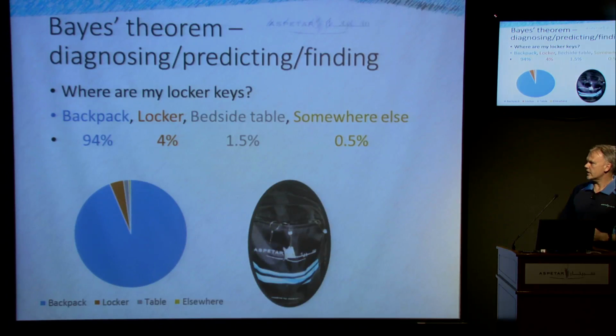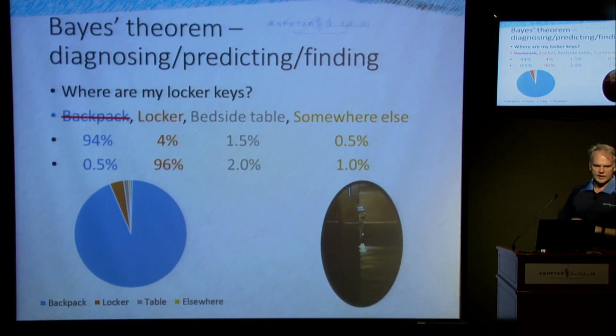If, however, I was to go and have a look in my backpack and the keys aren't there, all of the probabilities now change. And knowing this doesn't help you at all about figuring out this. Where should I go and look? Maybe I didn't have a proper look. Probably, though, it's sitting in the locker somewhere. Maybe they could be a couple of other places. Okay? There's no way, though, for us to get from here to here.